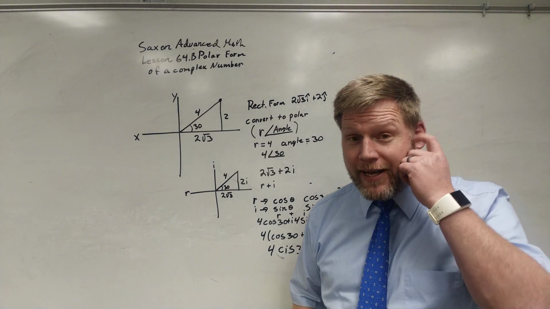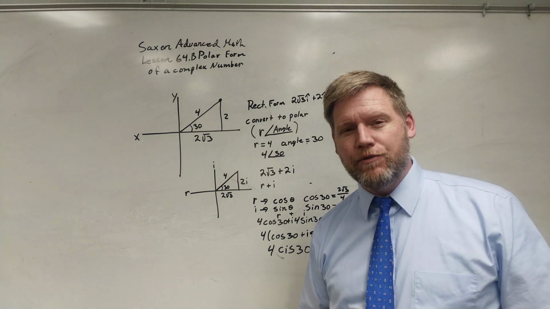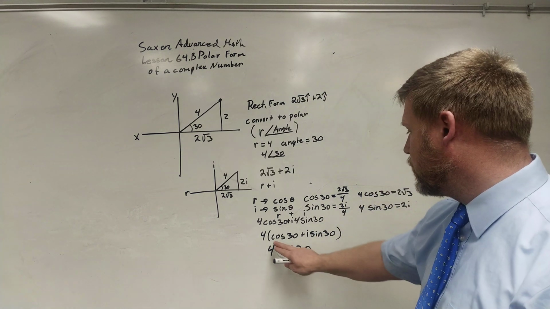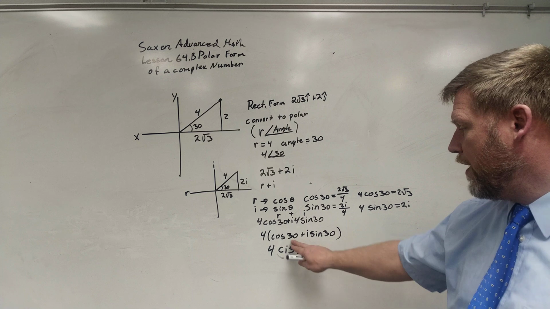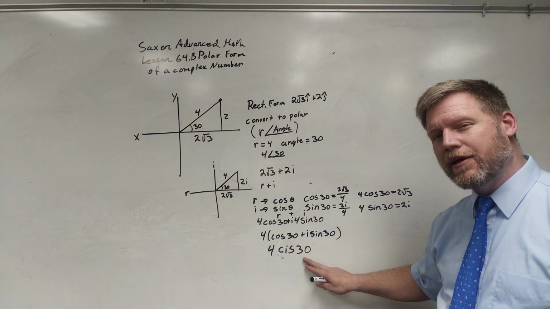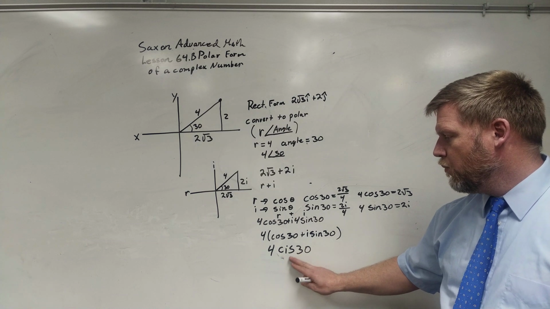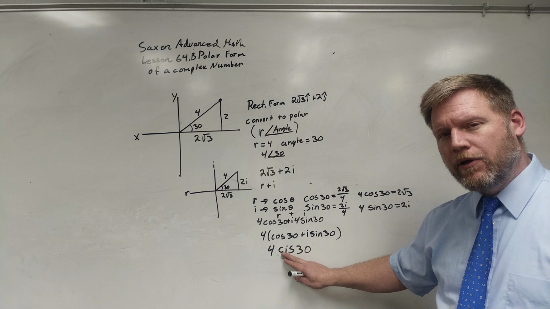So like we do everything else in math, when we have something that happens a lot, we come up with an abbreviation for it. The abbreviation for cosine theta plus i sine theta is CIS and then the theta. This is cosine i sine. We drop the addition sign out of the middle, and it's not that bad.